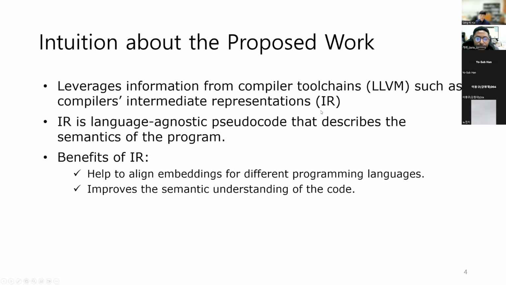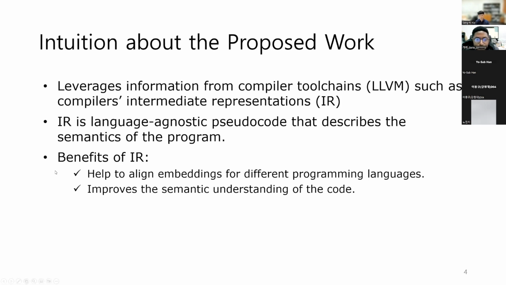So IR is a language-independent representation of source code. In order to make the naturalness of source code during translation, they augment the IR representation of every programming language considered in this paper.